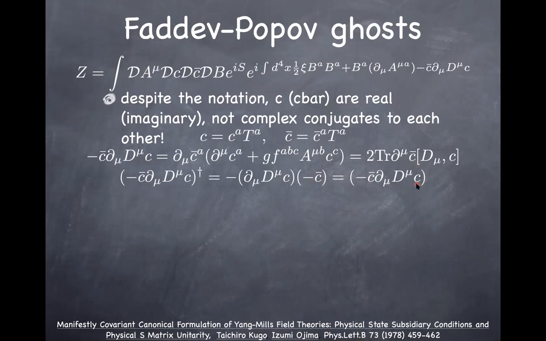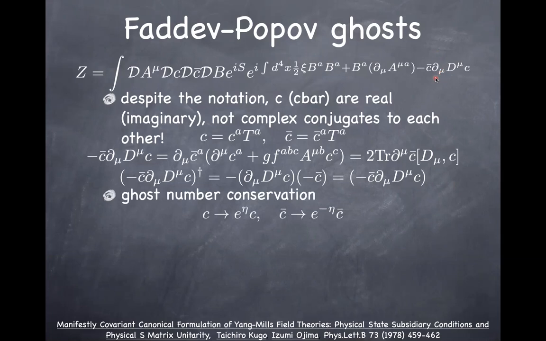If I had not taken the fact that C is Hermitian and C̄ is anti-Hermitian, I wouldn't have seen that the Lagrangian is real. Knowing this property of C and C̄, now I can see the Lagrangian is Hermitian. This sounds kind of crazy at first, but everything actually is consistent once you make this assignment that C is real and C̄ is imaginary.